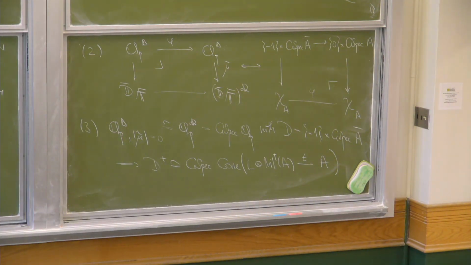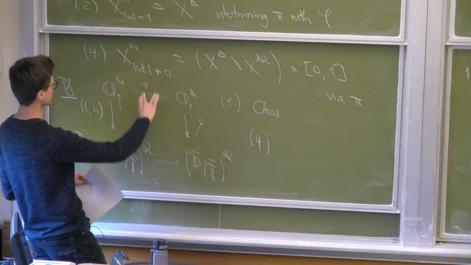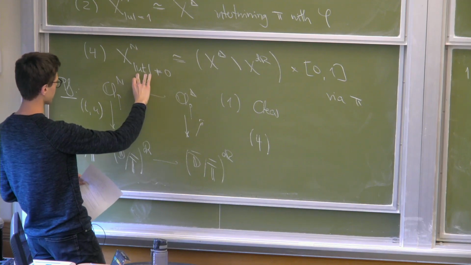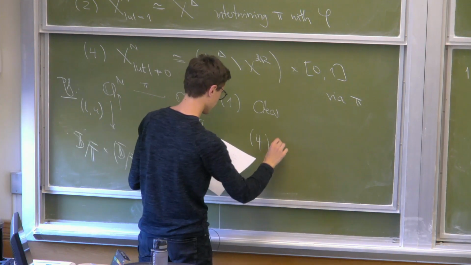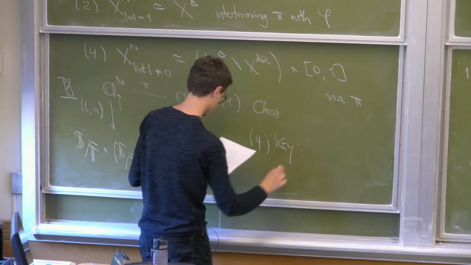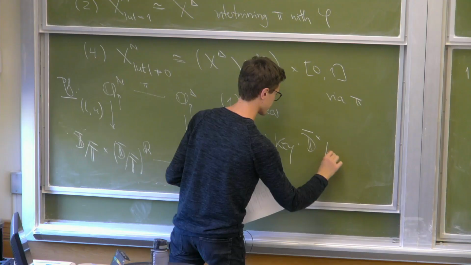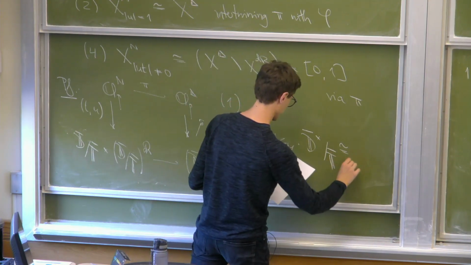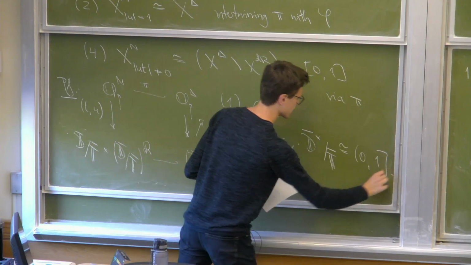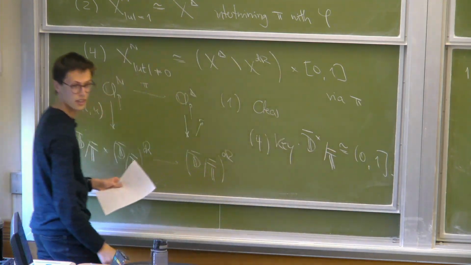And then maybe let me say something about the last part here, because I want to be brief. For this last part, I'm looking at the locus where u and t are away from 0. And now the key is that if I take the punctured overconvergent disk and I mod out the torus, it's just the Betti stack of (0, 1), sort of induced by the norm map on the disk.